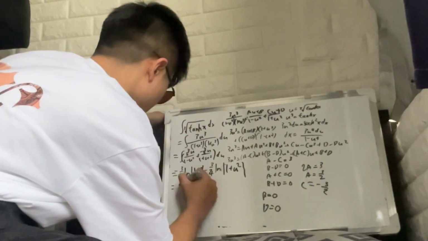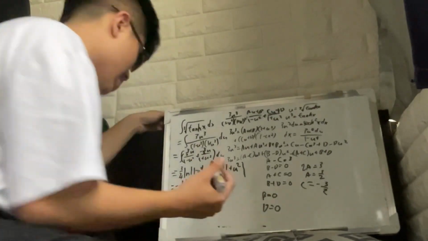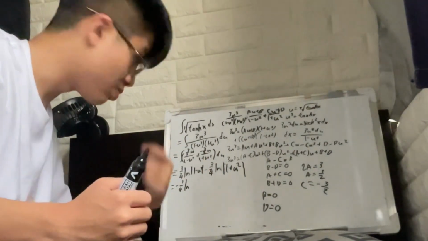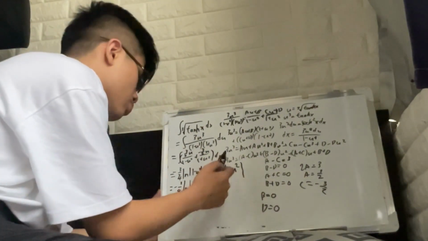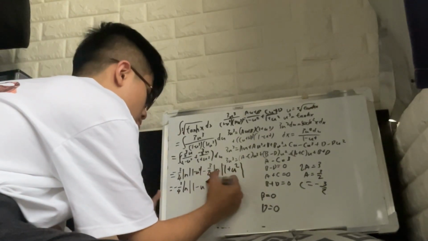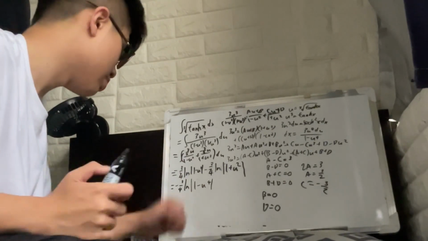Factor the negative 3 over 4 like that. And then combine it. If you factor it, it becomes ln of this plus that, so you multiply inside. Let me just write it as 1 minus u to the power 4, like that. 1 minus u to the power 4 is really cool, right?